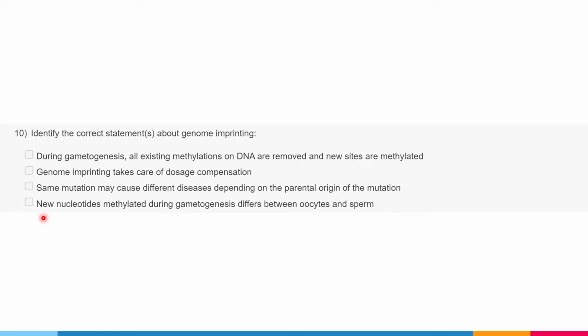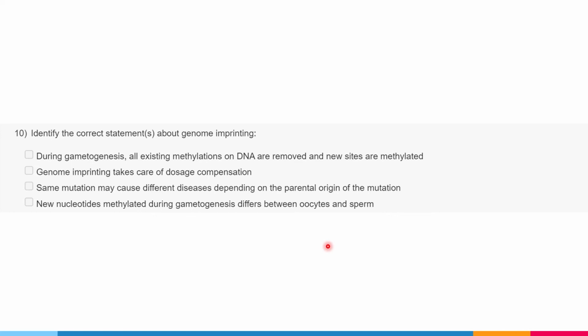So she also says that DNA methylations are removed and new sites are methylated, and new nucleotides are methylated during gametogenesis. Advait also says A, C, and D. And finally, Shriyan says A and C, that during gametogenesis, all existing methylation of DNA are removed and new sites are methylated, and C, same mutation may cause different diseases depending on parental origin of mutation.